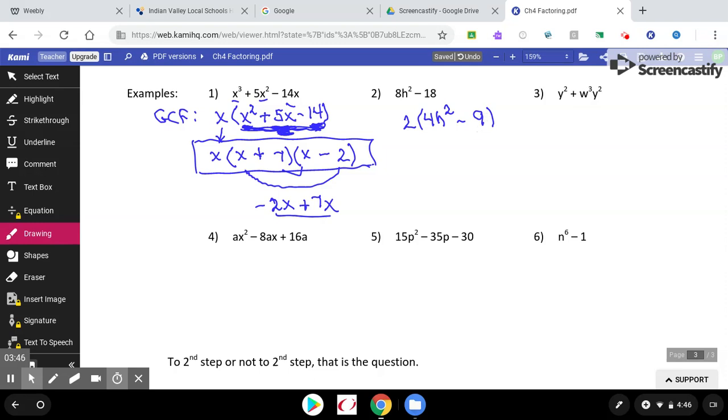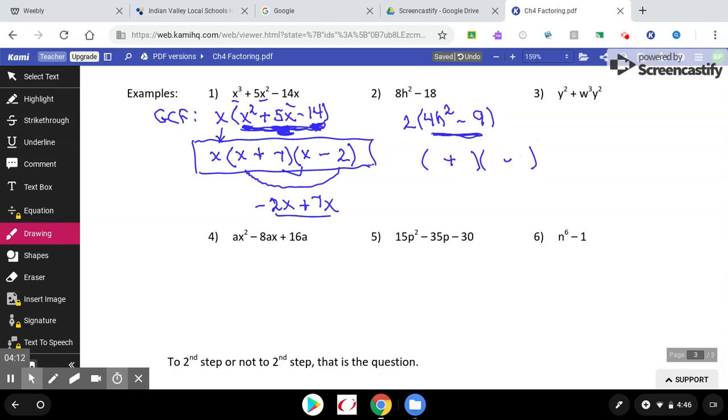Now again, recognition is the key, people. So if you recognize the fact that this is a binomial, it's a subtract in the middle, and 4 and 9 are perfect squares. In other words, 4 is 2 times 2 and 9 is 3 times 3. That's an example of a difference of 2 squares. And a difference of 2 squares goes like this. 2 parentheses, 1 plus, 1 minus.